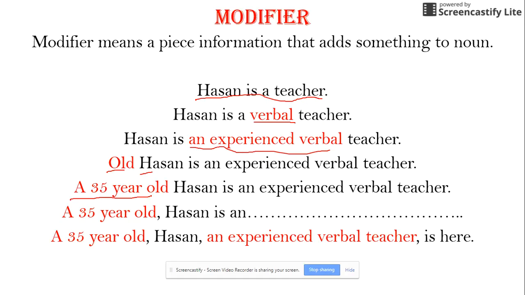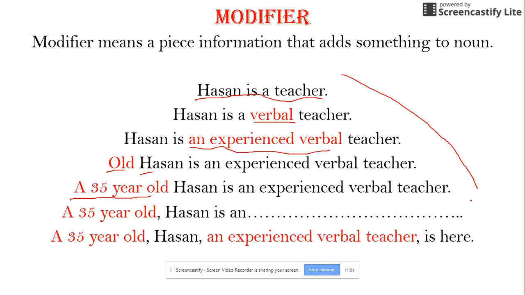So any group of words that literally adds something to a particular noun is called a modifier, and in GMAT it should be very close to the noun. Whatever sentences we have seen above, all these five, are simple sentences. Remember, GMAT makes it a little more complicated.